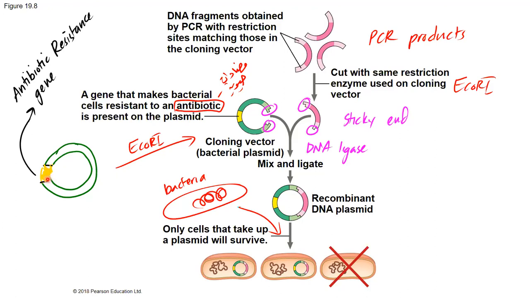This is a gene that allows the bacteria to become resistant. Resistance means مقاومة. So if this gene is inside the bacteria, it will make the bacteria resistant to a specific type of antibiotics. The bacteria that have the plasmid will also have the antibiotic resistance gene, which means they become resistant to certain types of antibiotics.